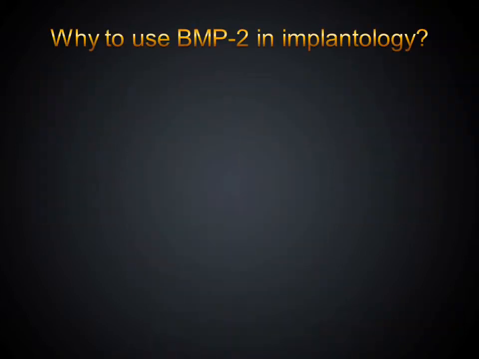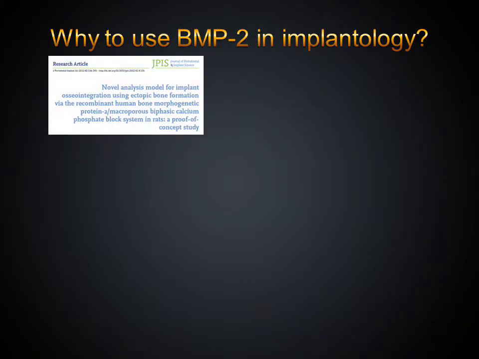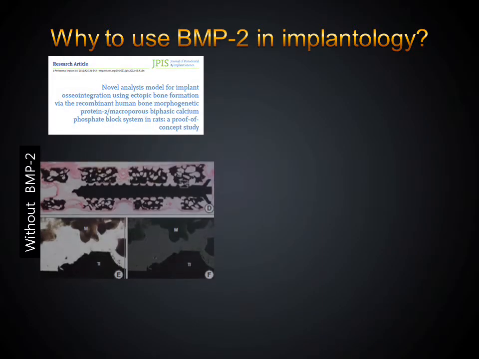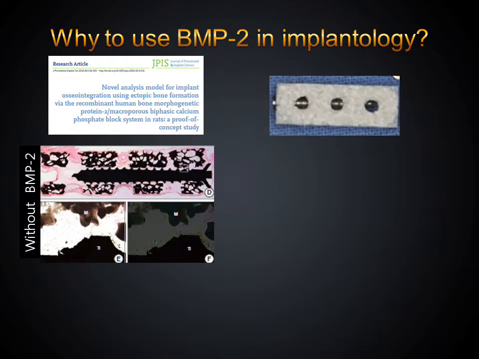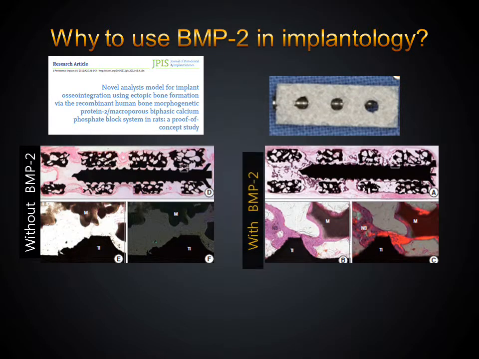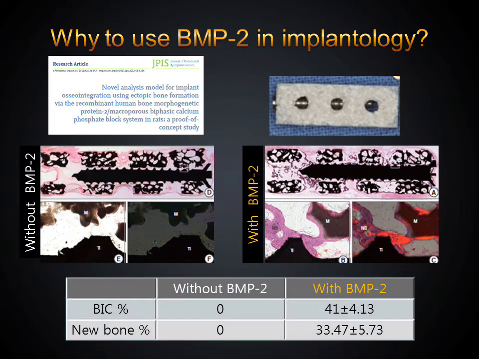Why use BMP2 in implantology? Titanium implants were placed into a calcium phosphate block. This block was saturated with rhBMP2 and implanted into the subcutaneous tissue of a rat. At 8 weeks after implantation, new bone was induced into the block and contacted the implant surface.